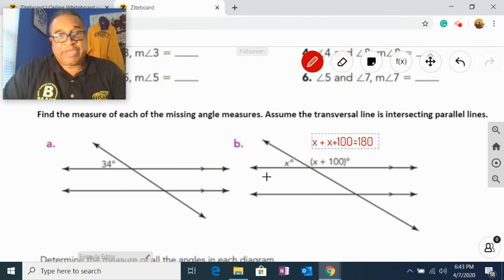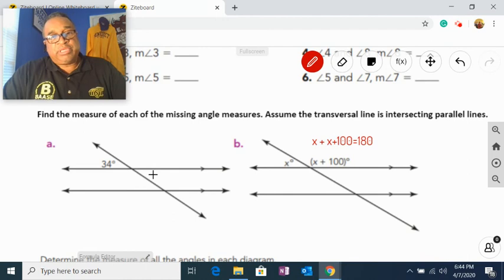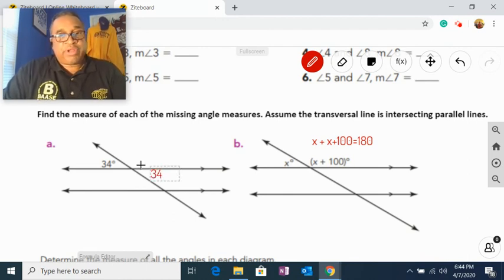Solve it. Okay? You can solve it. It's easy. And then we want to find out what these are. Once you find those, I can go from here and I can know that this is going to be equal to 34. I can subtract 180 minus 34 and I can get the measure of this angle here.